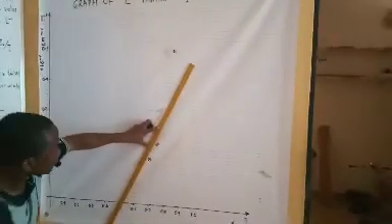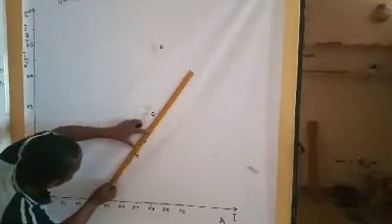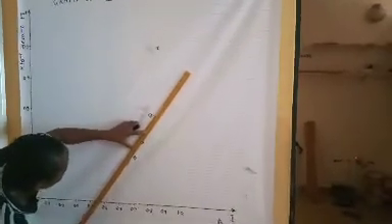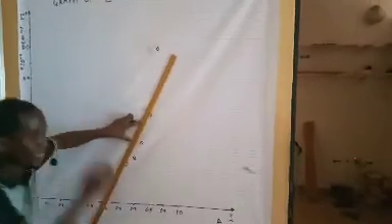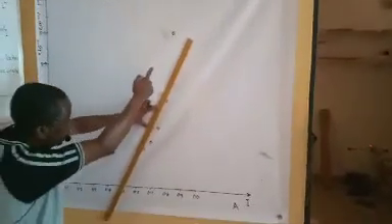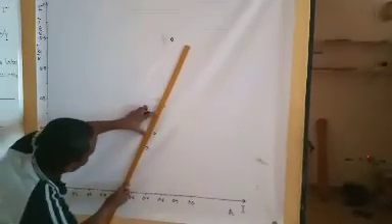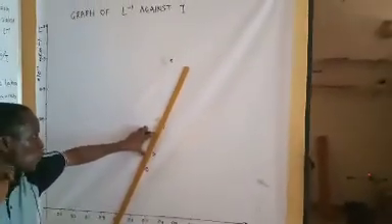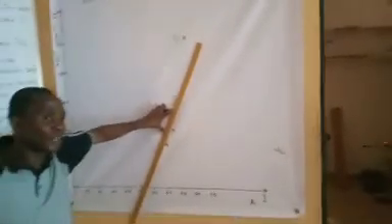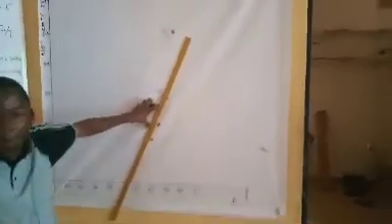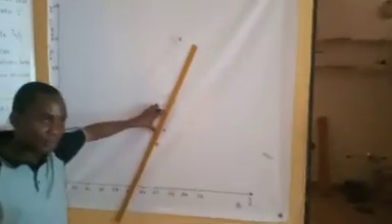Now, you see something like this, and we have another one, something like this. You have to use your discretion to draw your line. And do not copy. When you copy another person's work, by the time you are writing your calculation, the gradient, the slope, everything will be wrong.